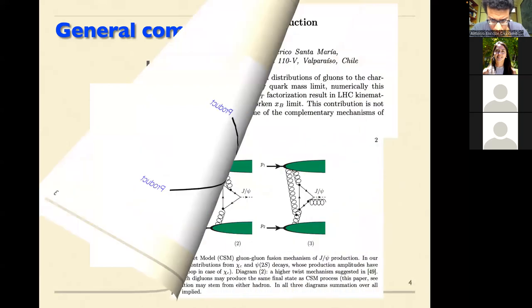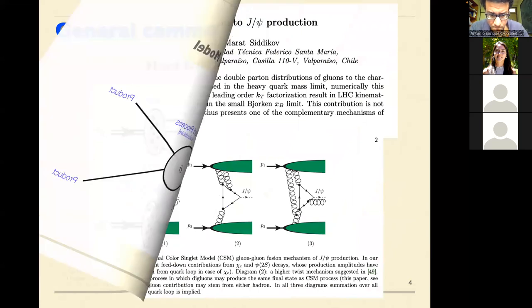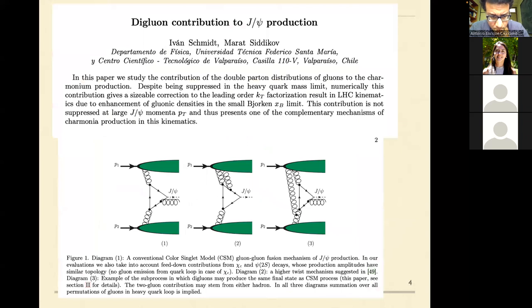With Marat, we considered this type of approximation in one particular case, with J/psi production, and they were important. They were not very, very small, although obviously we have to look at, for example, two-gluon distribution functions and things like that, and we had to make some approximations and some guesses about that. But in any event, this is an important point that usually is not considered.